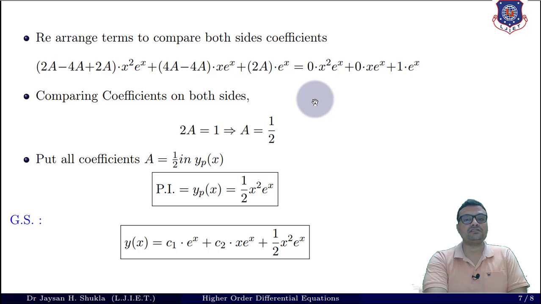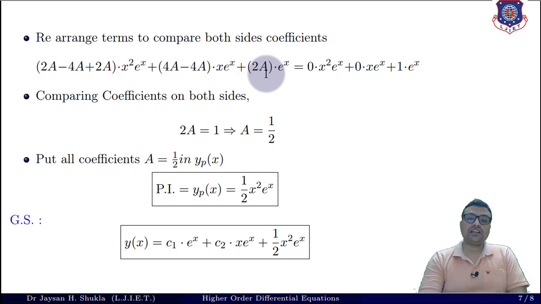If the coefficient is 0, this part must be 0. This will help you to cross check whether your simplification is correct or not. This part is 0, so here eventually you are receiving answer 0. This part is 2a and that is equal to 1, so we get the information that a is equal to 1 by 2.